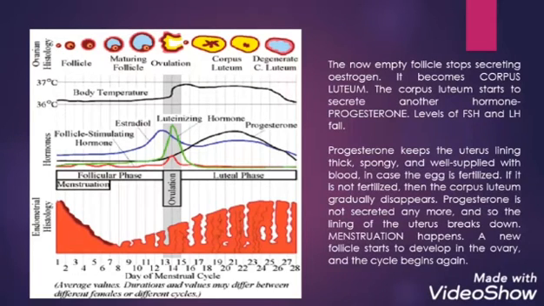Progesterone keeps the uterus lining thick, spongy, and well supplied with blood in case the egg is fertilized. If it is not fertilized, then the corpus luteum gradually disappears. Progesterone is not secreted anymore, and so the lining of the uterus breaks down. Menstruation happens. A new follicle starts to develop in the ovary, and the cycle begins again.